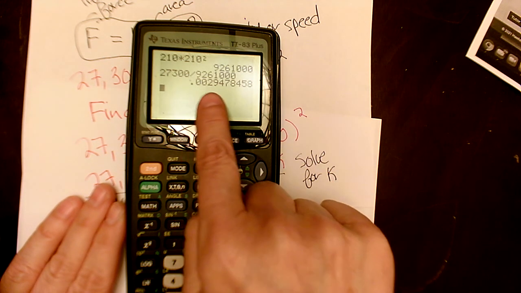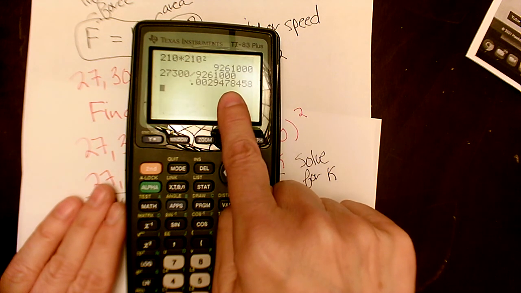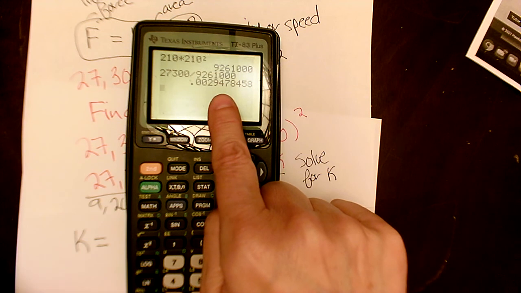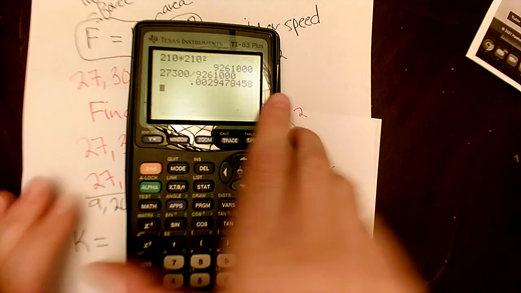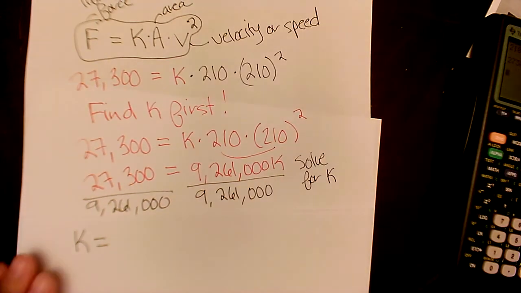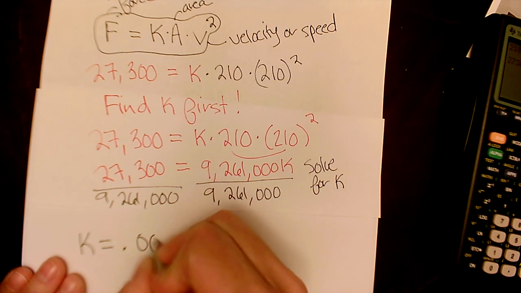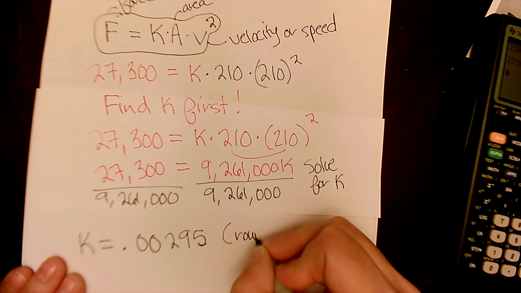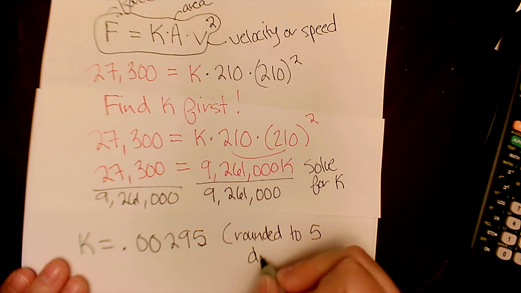So 1, 2, 3, 4, 5. I want to look at the next digit. If I go next door, it's a 7. So that means I'm going to bump this up. Remember, we up it by 1. So my K is 0.00295 because I'm rounding it up. That's rounded because the problem wants us to round it to 5 decimal places.